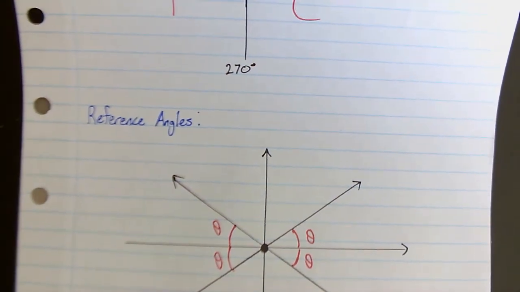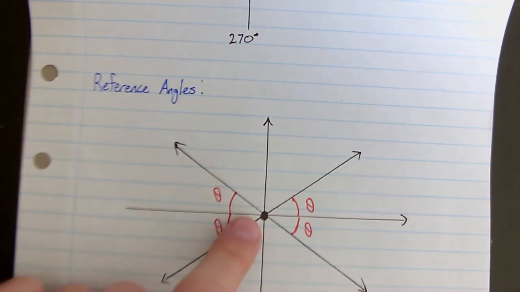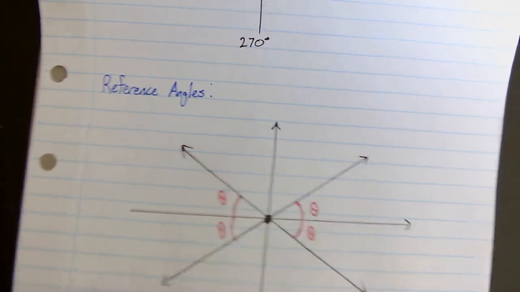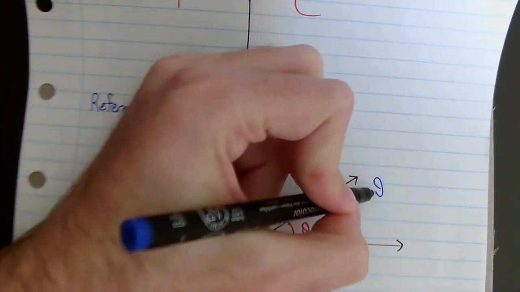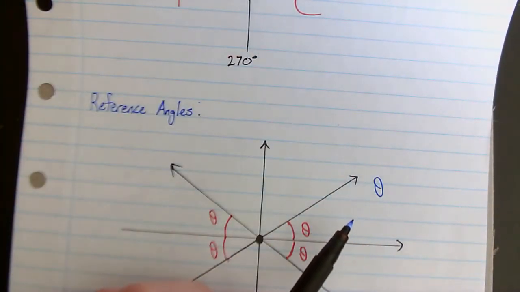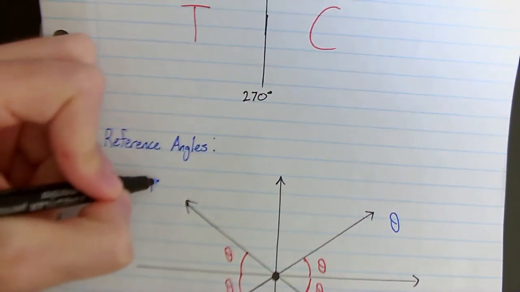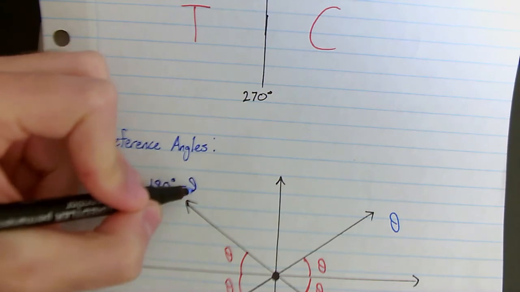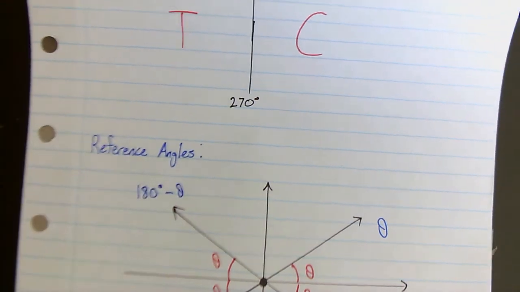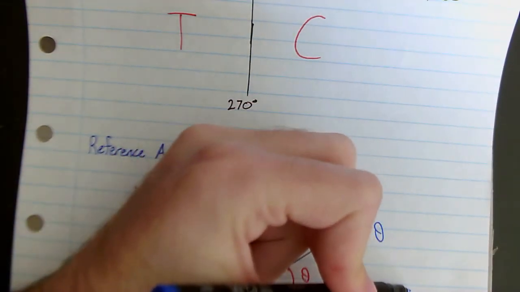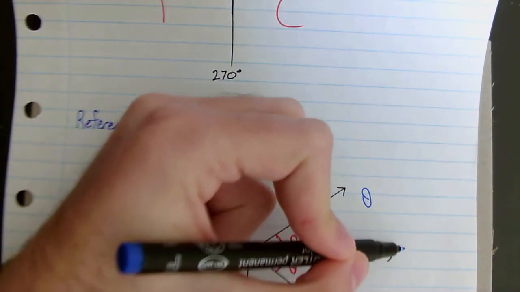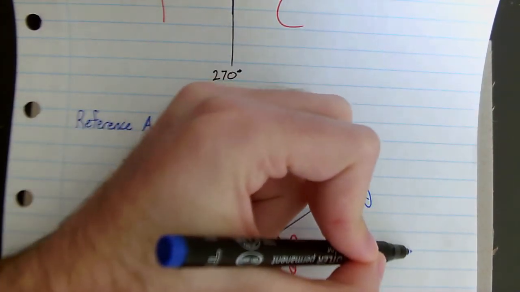And so the question is, how do we define each of these angles in terms of this acute angle theta? Well, as we saw previously, the first quadrant is just going to be defined as theta. The second quadrant is going to be defined as 180 degrees minus theta. The reason why is because, remember, we're reading the angles from the positive direction of the x-axis and reading it counterclockwise.